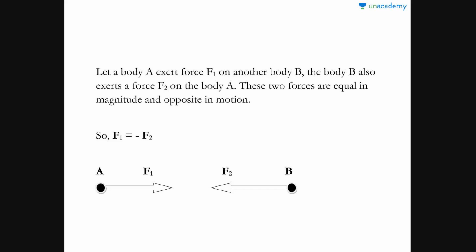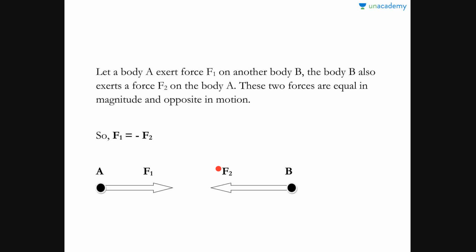Now let us understand the third law by an example. Let a body A exert a force F1 on a body B and a body B exert a force F2 on body A. So according to Newton's third law, we can state that these two forces are equal in magnitude and opposite in direction, right?